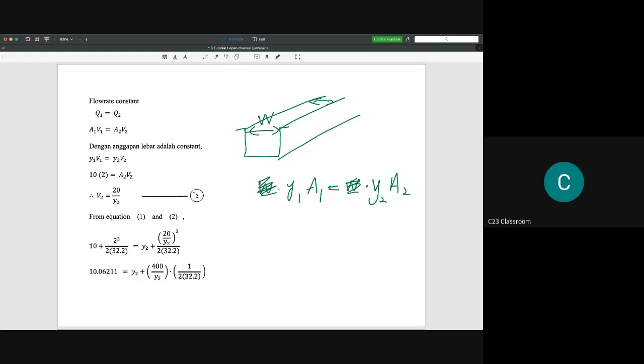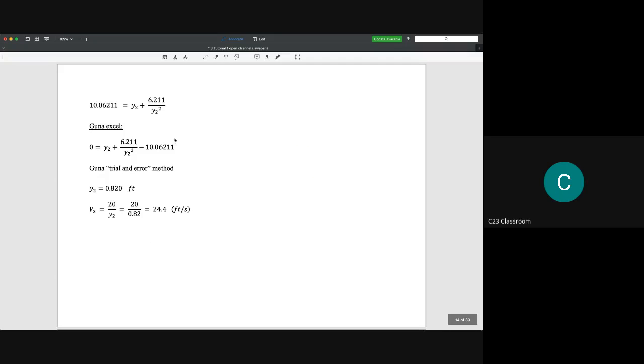And then you know what to do. We have two equations and two unknown parameters. So by using the idea of simultaneous solutions, we could substitute one of them into the other, and finally we could get this equation.